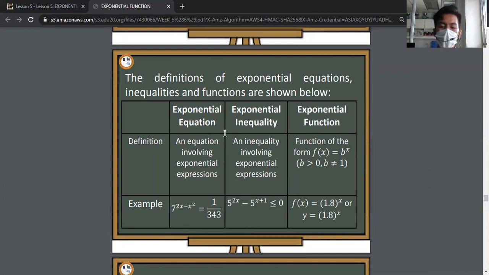So pag exponential equation po, ibig sabihin equation lang po yung given po natin. Pag exponential inequality, gumagamit po tayo dito ng greater than, less than, or equal to. Pag exponential function naman po, gumagamit po tayo dito ng f of x and y.